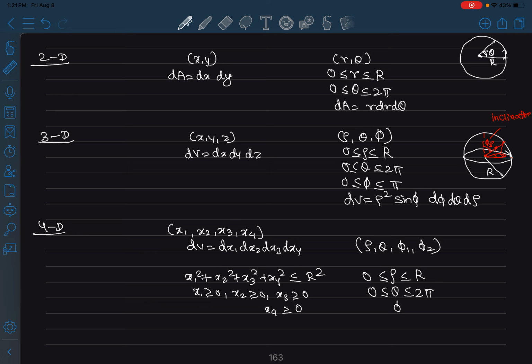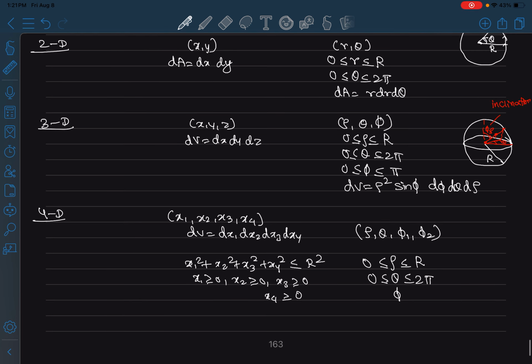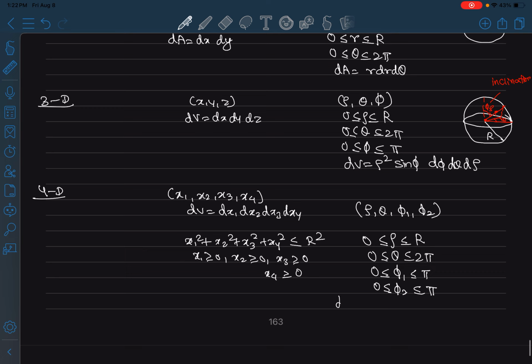And there will now be two inclination angles, or polar angles, you can call them. These polar angles will just be going from 0 to pi, right? And in this case, our dV will be rho cubed sine squared phi 1 sine of phi 2 d phi 1 d phi 2 d theta d rho.